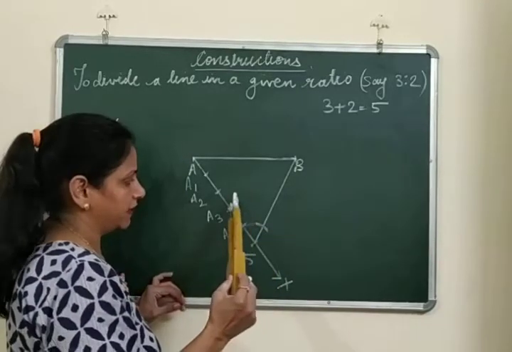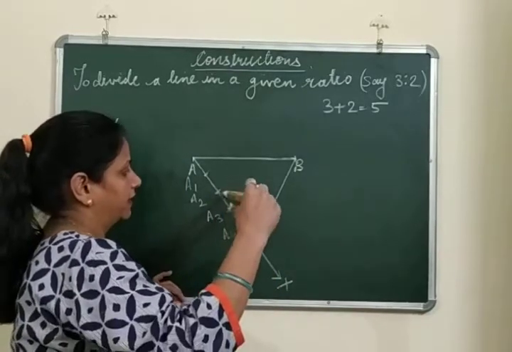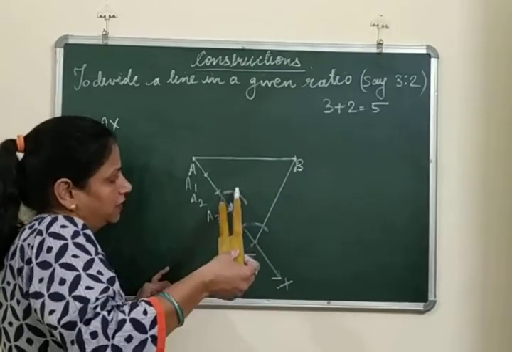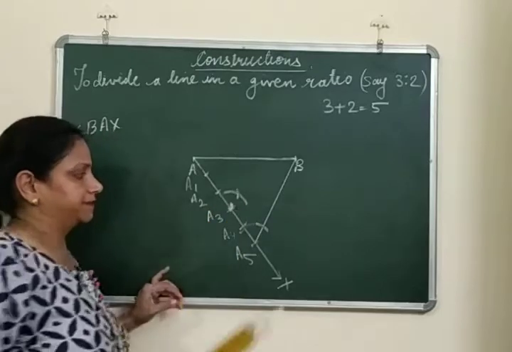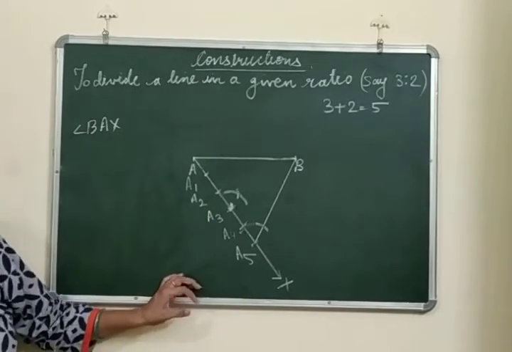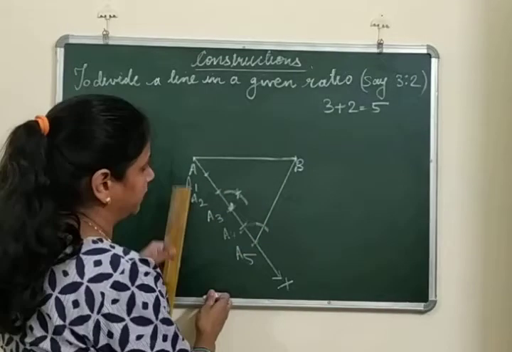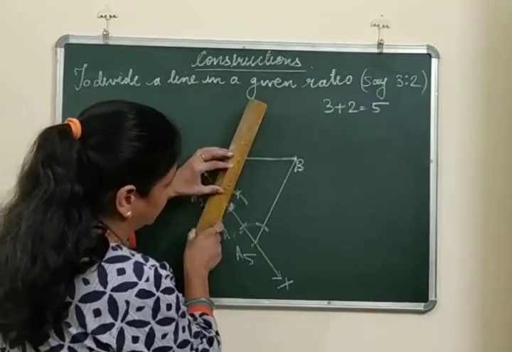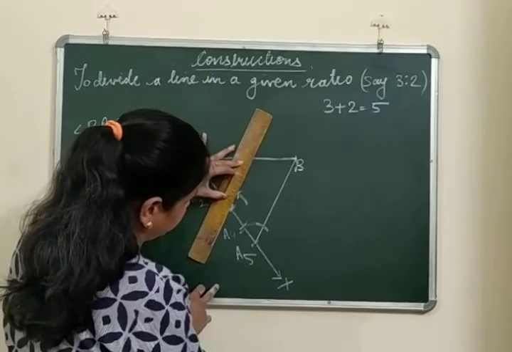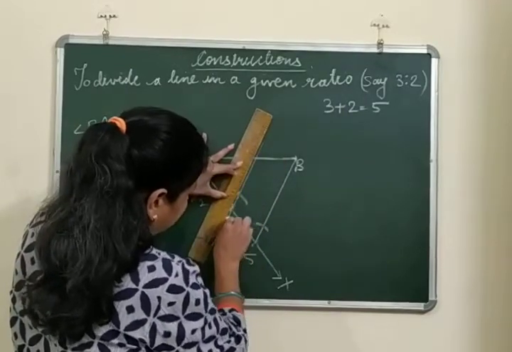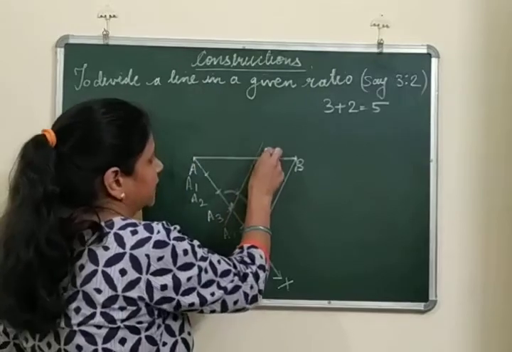Same thing, the same radius. We make the same angle here. We put the arc here and cut this arc like this. So you have got this point. If you join this, it will intersect AB somewhere and it will be parallel to A5B. Name this as C.